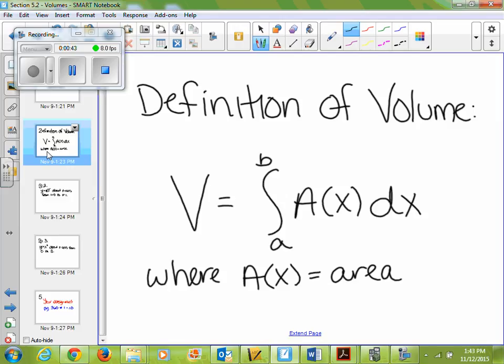Definition of volume says that volume is equal to the integral from a to b of A of x dx, where A of x stands for the area of some piece of your three-dimensional figure.